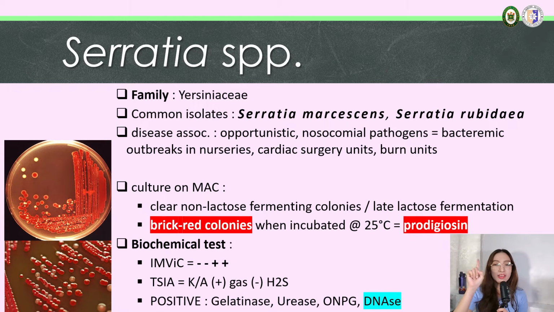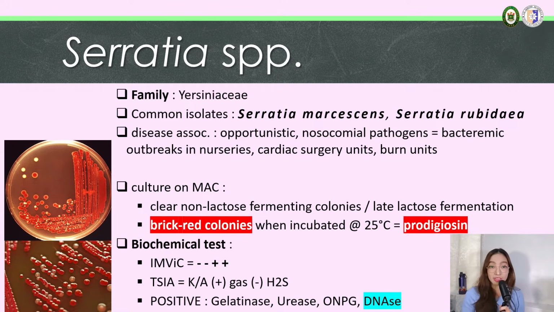Under the order Enterobacterales, there's the family Enterobacteriaceae. Before, they were alone there, and all of them were inside the family Enterobacteriaceae. But again, they have been reclassified. So Serratia now belongs to the family Yersiniaceae, which would include Yersinia pestis, but we'll talk more about that later.